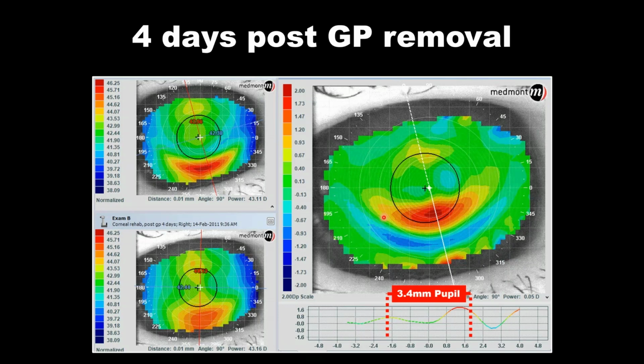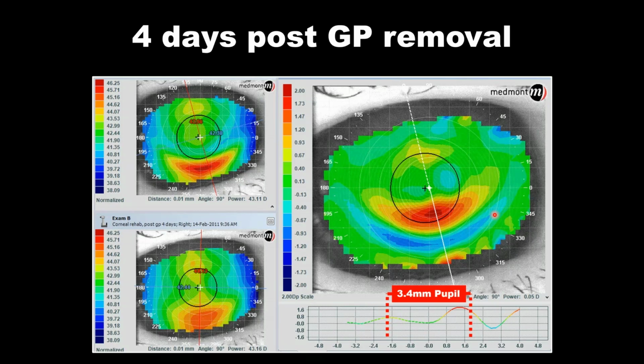Where we see this hotspot, that's where the eye is steepening up, where it's taking back its normal shape. We see this flattening here, where the contact lens was obviously creating steepening when it was on eye and molding that contact lens, molding the cornea. So there's a lot of things that are returning back to equilibrium or back to normal shape.